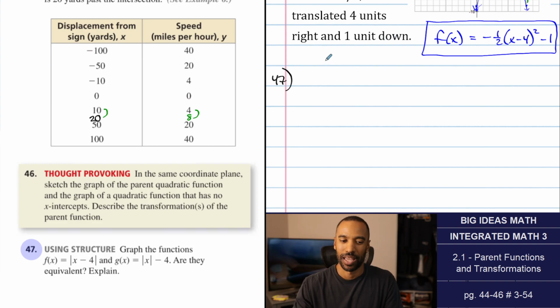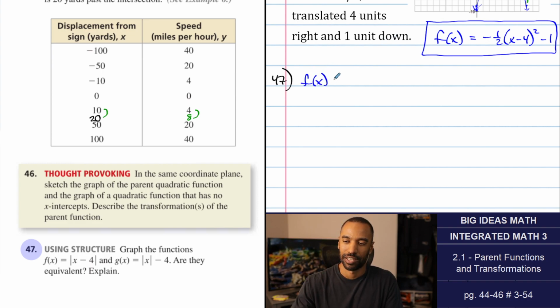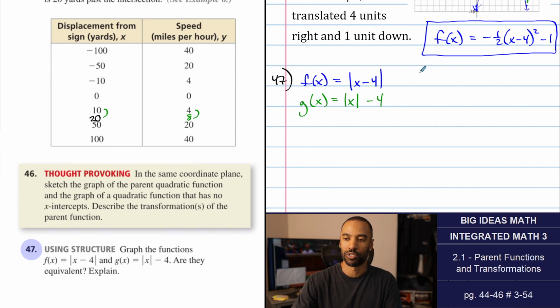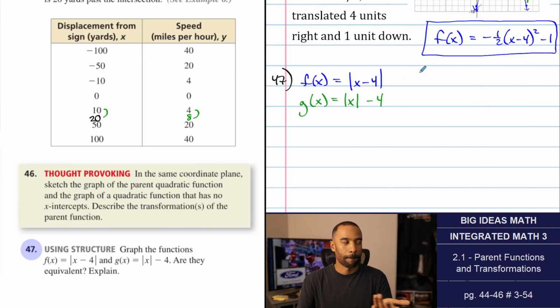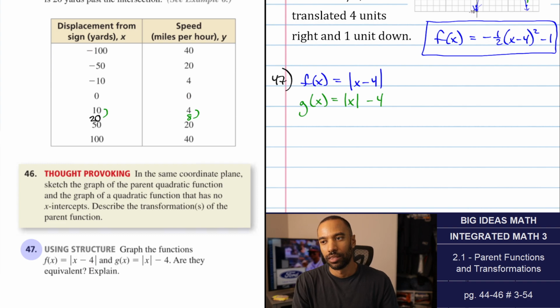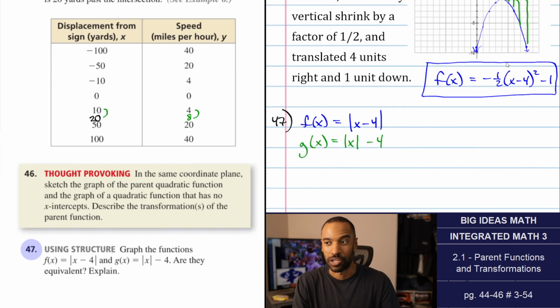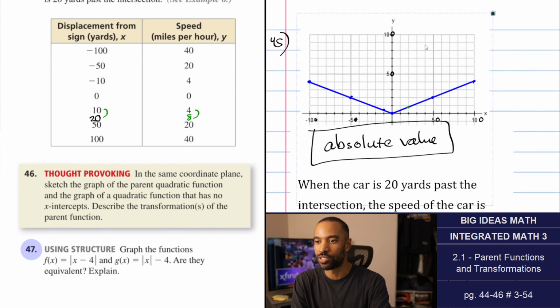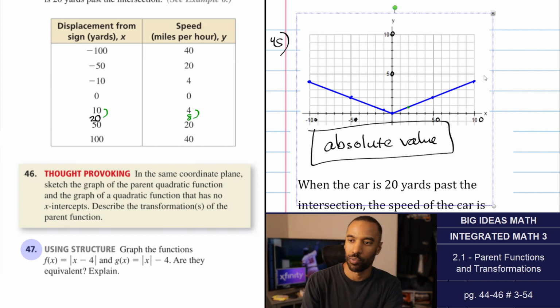Okay. F of x equals absolute value of (x minus 4), I'll do in blue. And g of x equals absolute value of x, then minus 4, I'll do in green. This is where things change.